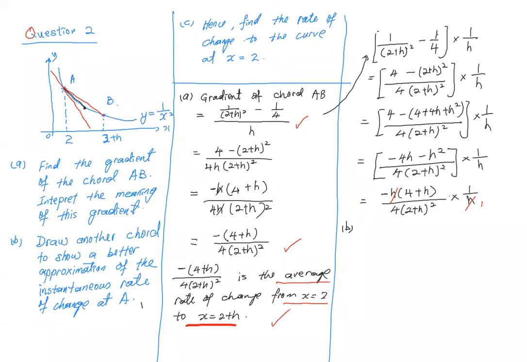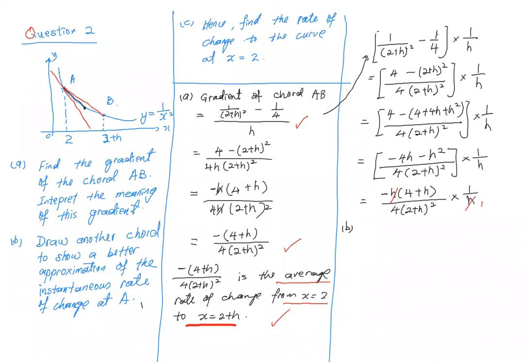Any question on that? Miss, is it a point on the curve between point A and B? Yes, must be. That is the best, you won't get it wrong. Because the angle made by the chord and the tangent is smaller, that is a better approximation. You are going closer to the tangent.